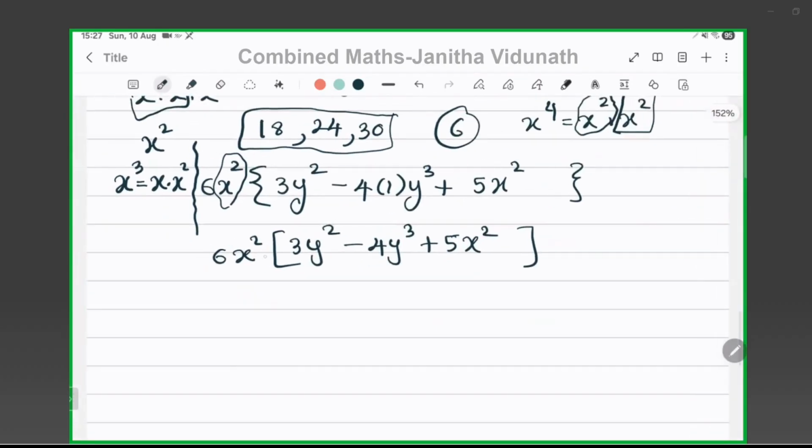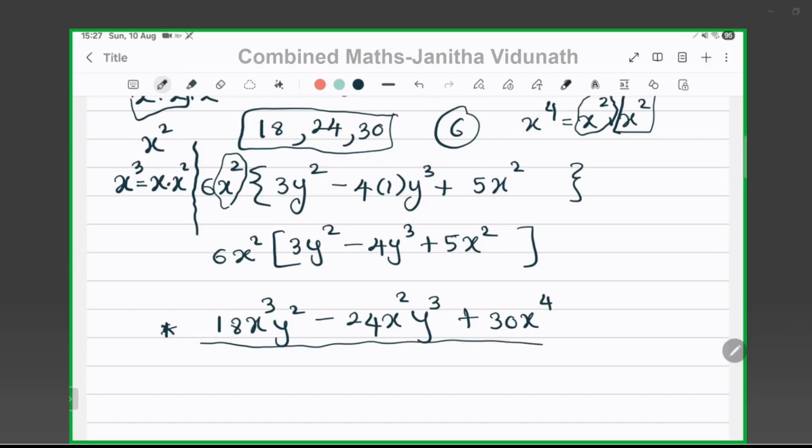Here, factorization means first they give us the expression like this. What we need to do is simplify this expression as a product of simpler expressions. Here, all are addition and subtraction.